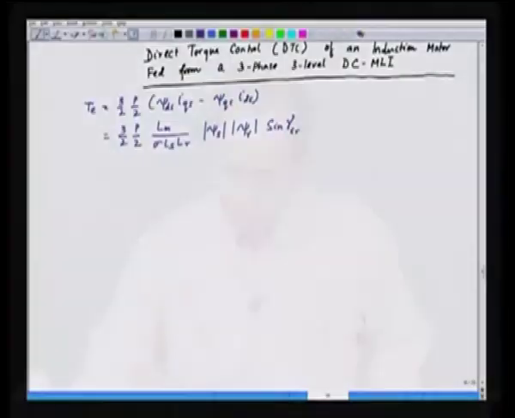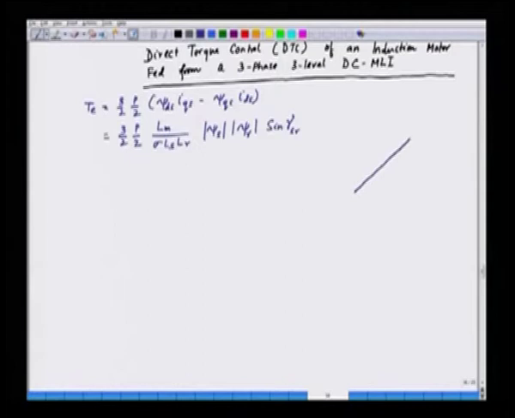In fact, what we have here is the following. We have psi s, the stator flux linkage, which is a vector, and psi r, the rotor flux linkage, which is also a vector, and the angle between them is gamma SR. So, we have the stationary d axis and the q axis, and these are the rotating fluxes.